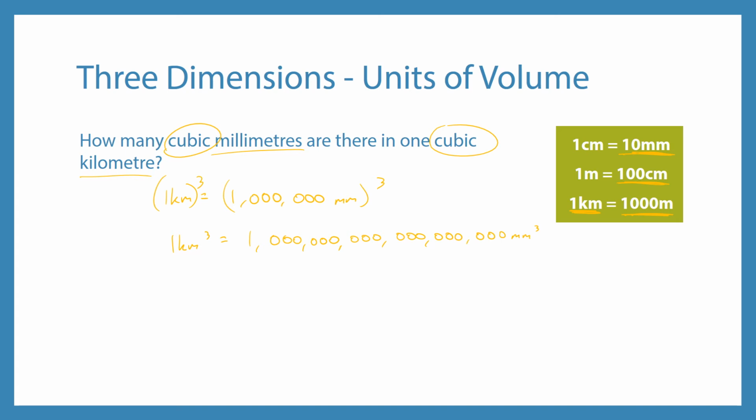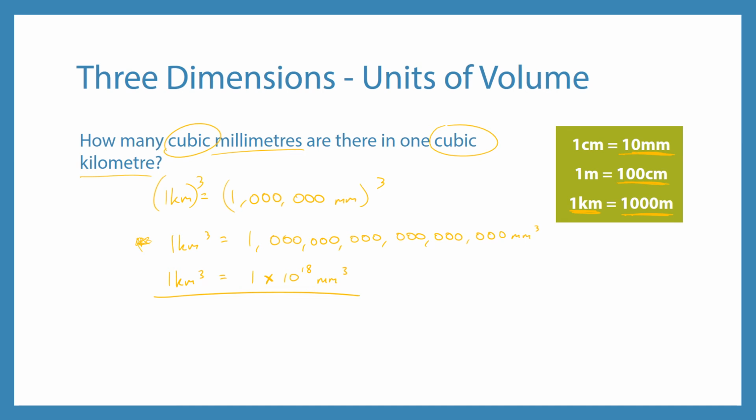Now, quickly, if you were to work this out in your calculator, you would have gotten 1 times 10 to the power of 18. There may have also been an e in there, depending on which calculator you're using. What this means is we're taking 10 to the power of 18, which is just going to be a number with 1 followed by 18 zeros. So your calculator may have come to this, in which case you would be correct, but hopefully you've been looking at these sort of numbers here.